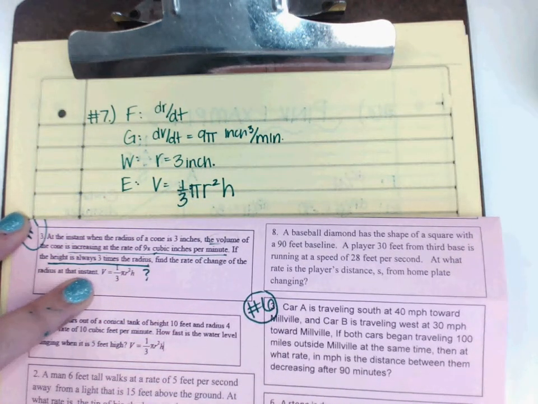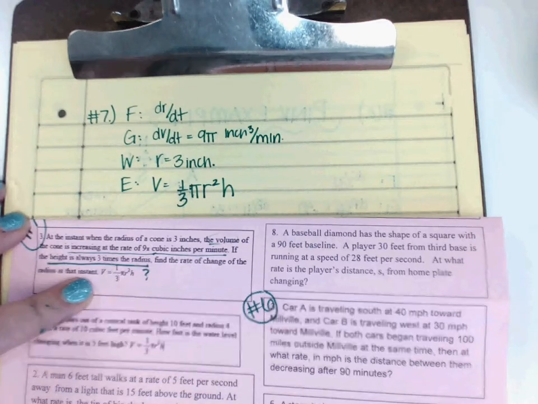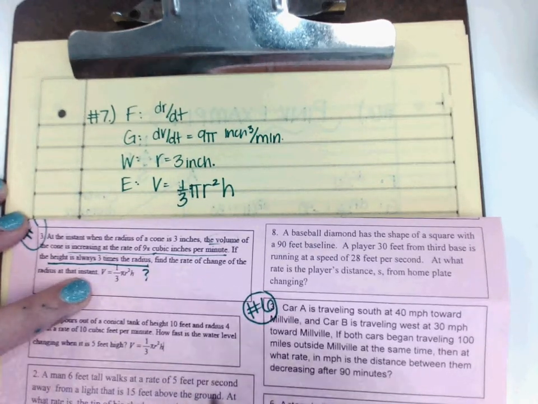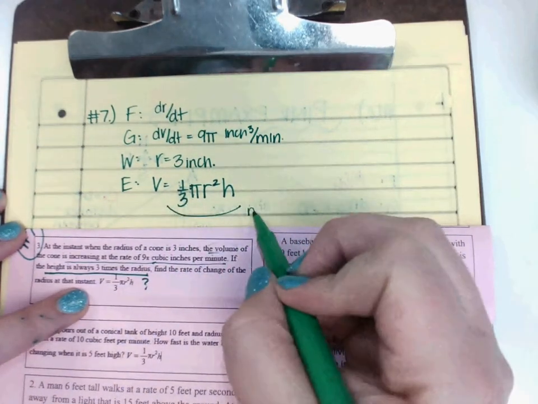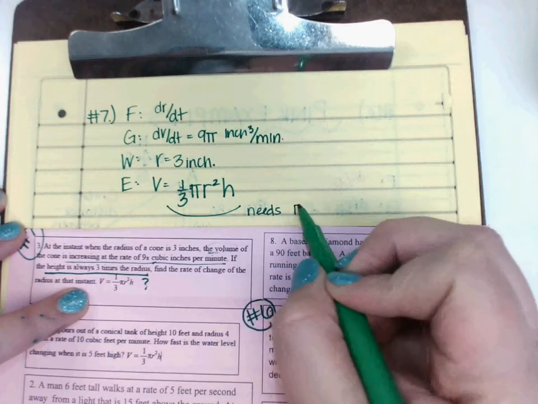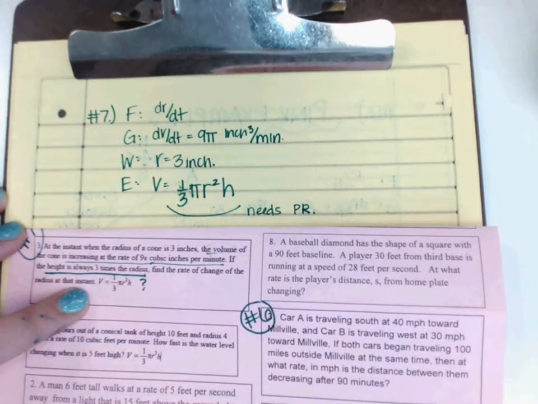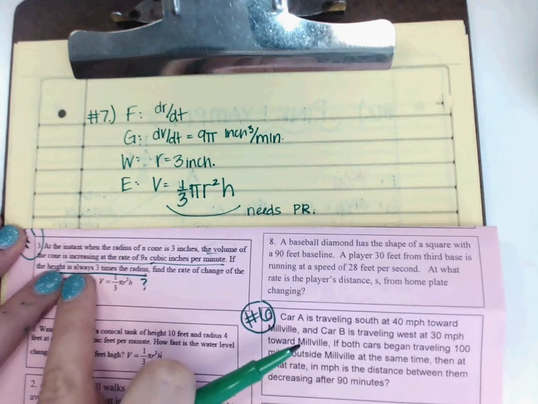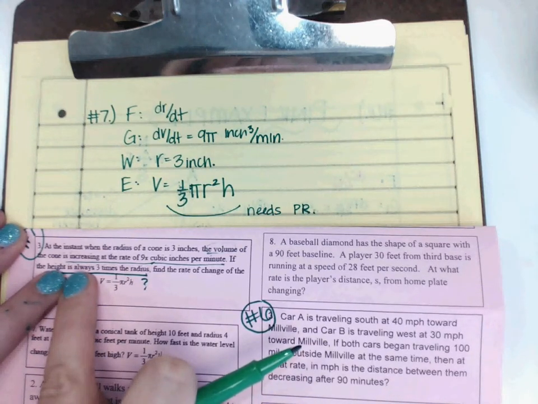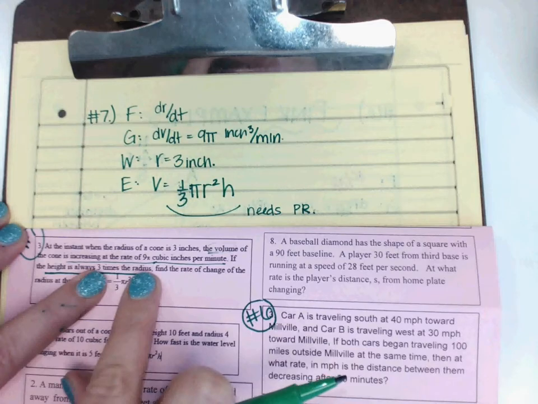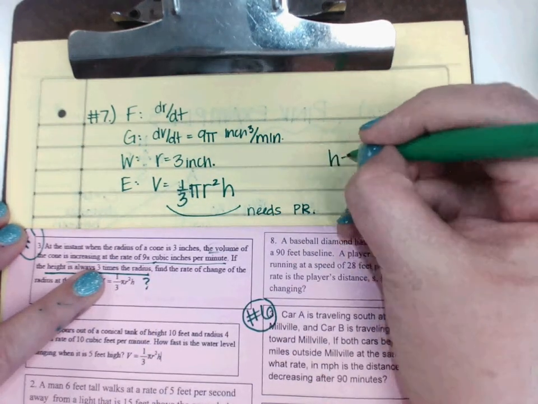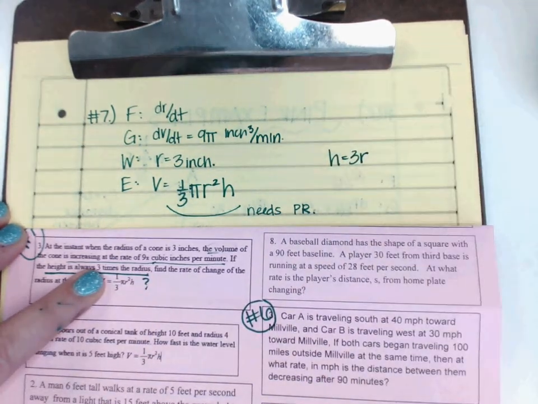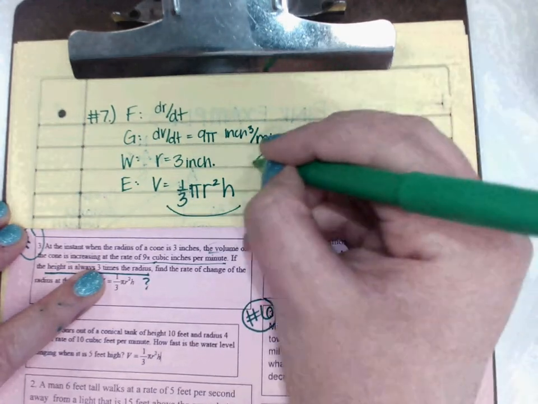If I asked you to take the derivative of that, what rule would you need? That needs product rule, unless I can sub one letter out of the equation. Remember what we underlined. What did they tell us here? Height is always what? 3 times the radius. And if the height is always 3 times the radius, then what can I do?